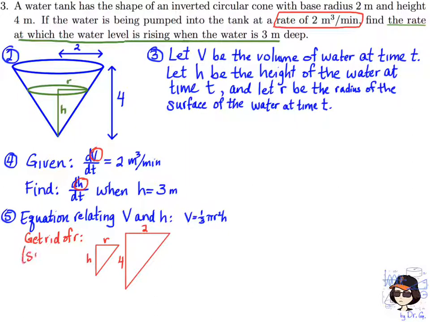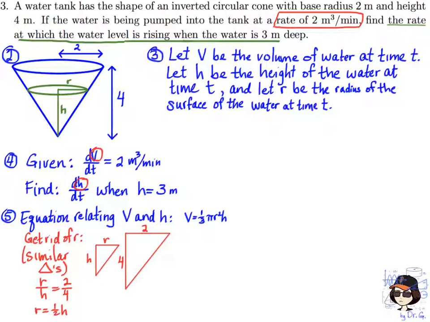And these have to be similar. They're similar triangles because the angles are all equal. So because they're similar triangles, we can write down a proportion. R over H has to be equal to 2 over 4. And then if we solve that equation for R, we get R equals 1/2 H.